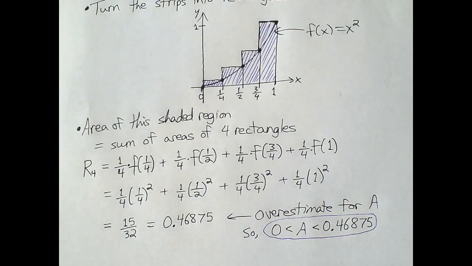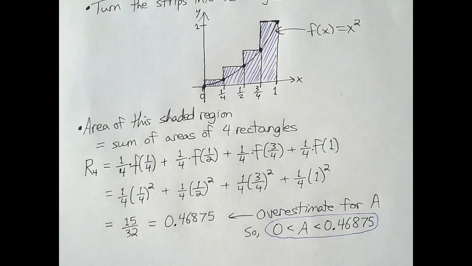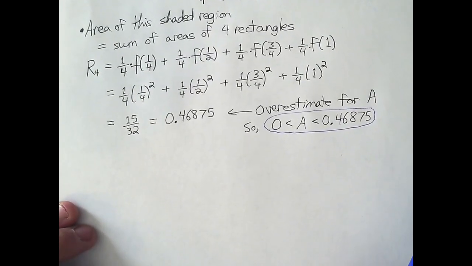We still have more work to do. But do you see, we're trying to narrow this down. We're trying to figure out the area A is between something and something, and maybe we can do better with this left-hand number and close this in and get an estimate for the actual area.